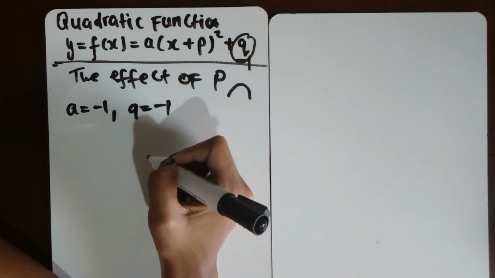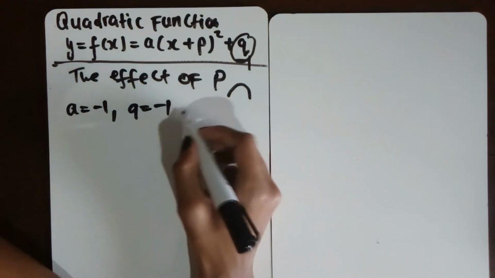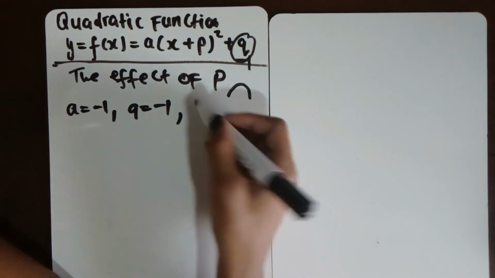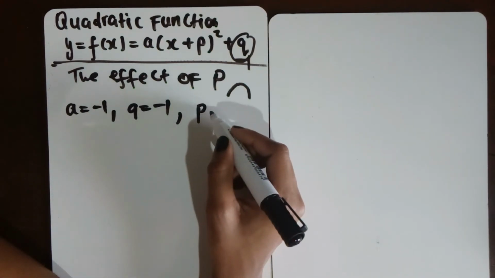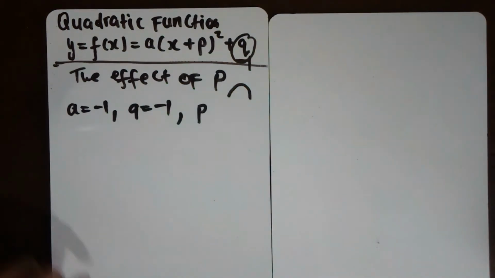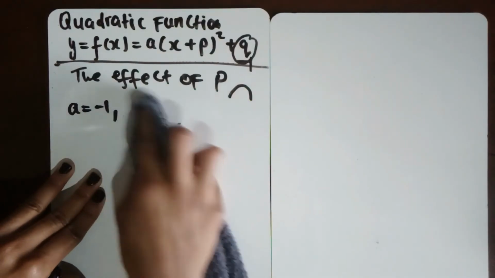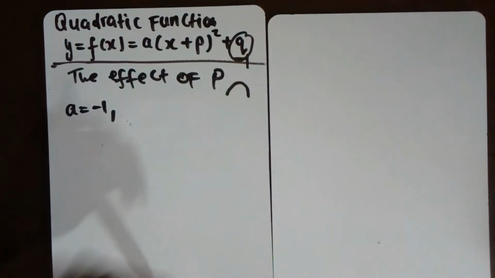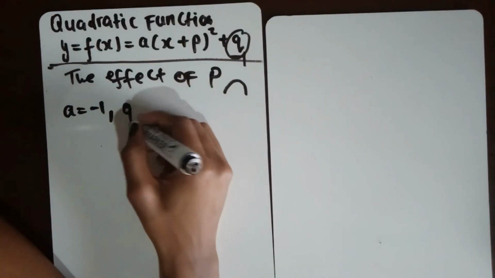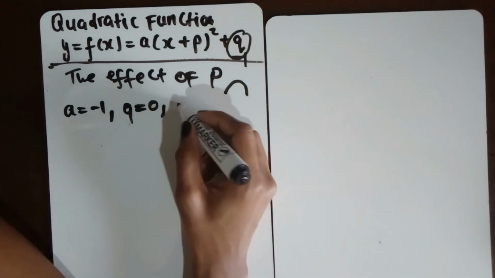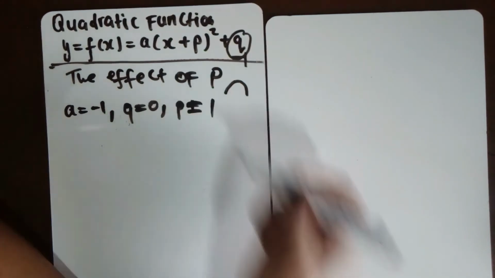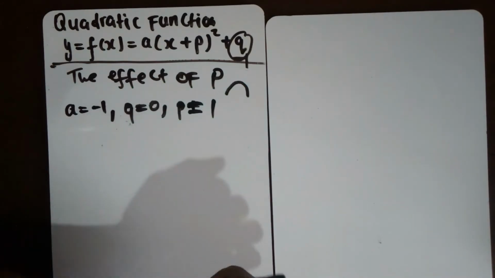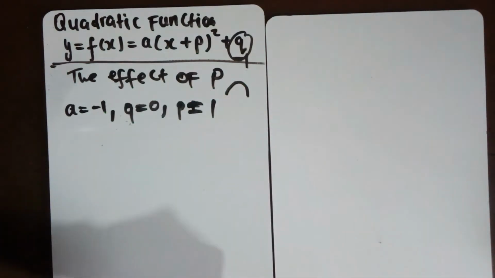Actually, let me first do one where q is 0, and then we'll do the other one next. So our q equals 0 and our p is equal to 1. Now we're going to investigate the value of p.